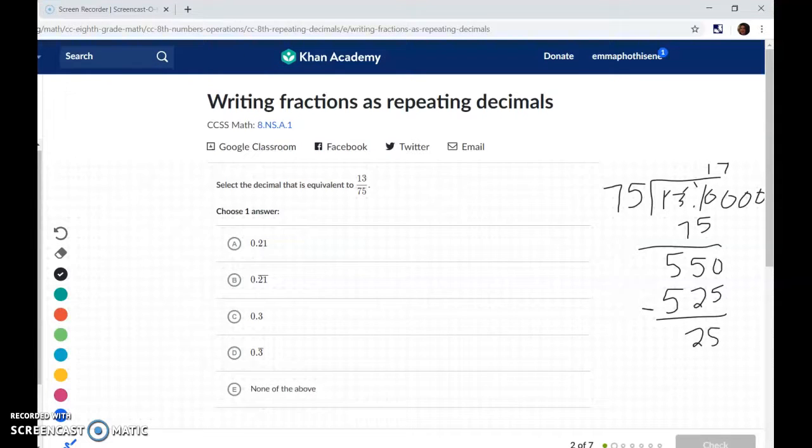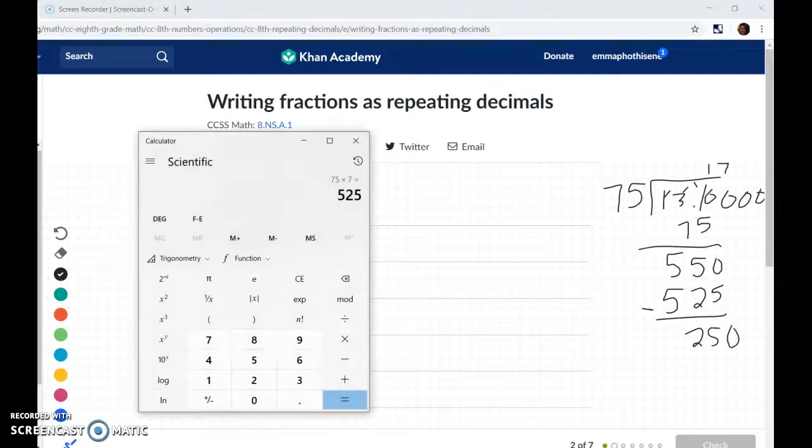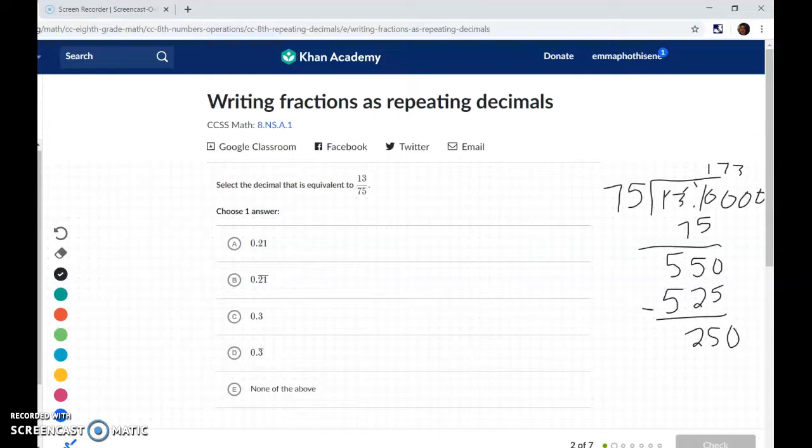And we're going to bring down another 0. 75 goes into 250, and we can do it like so. 75 times 3 is 225, and it looks like it's the same thing.